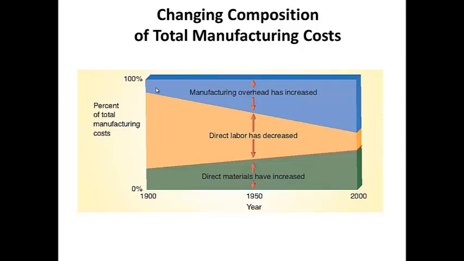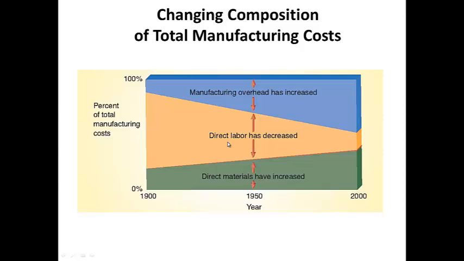Well, what we see over the years, as we take it up through 1950 and through the year 2000, is that direct materials have increased a bit as a percentage, but the striking difference is the swap of costs between direct labor and manufacturing overhead.